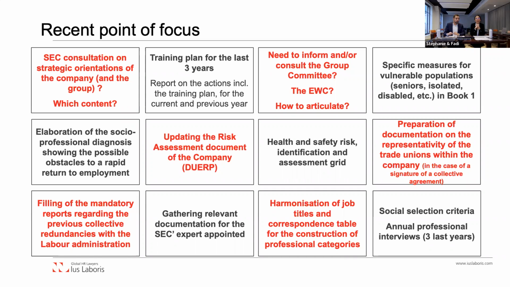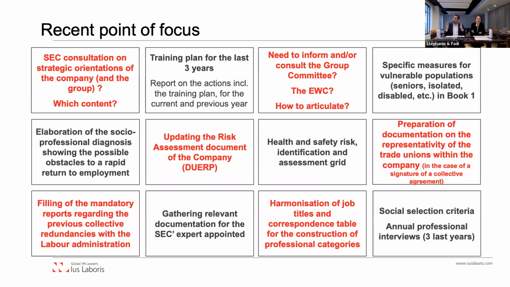Then maybe another one that we can talk about is the one on the bottom right: social selection criteria. That's of course a hot topic, because when you do a redundancy plan, you don't target persons, you target positions, and then determine who is going to be made redundant within professional categories that regroup employees who can do each other's job with minimal training of 3 to 6 months.